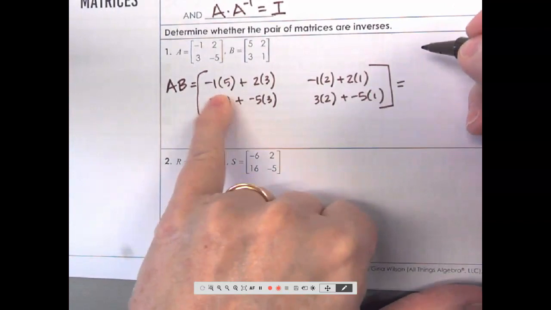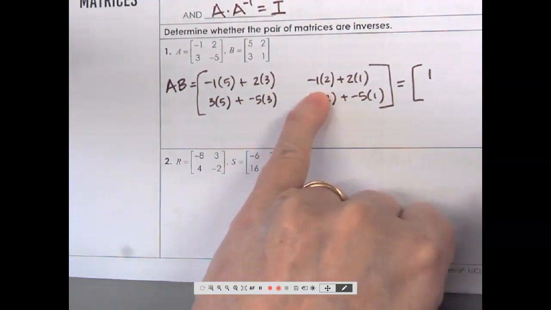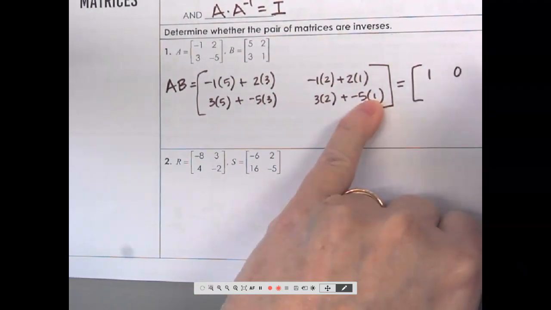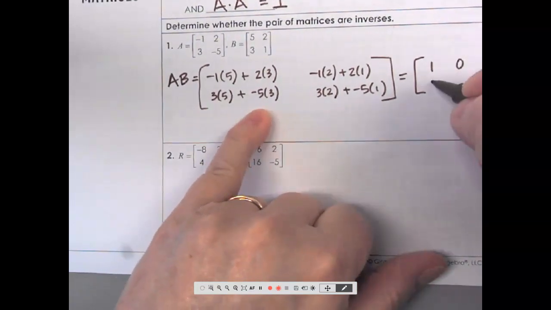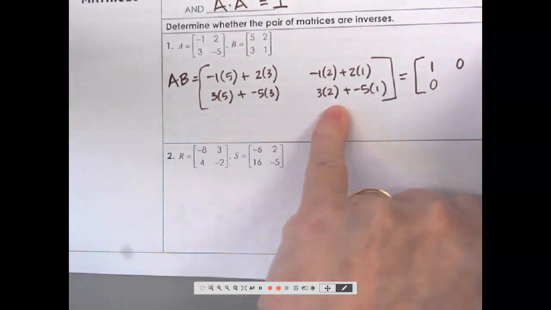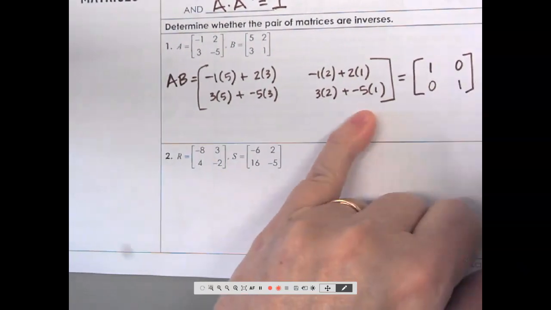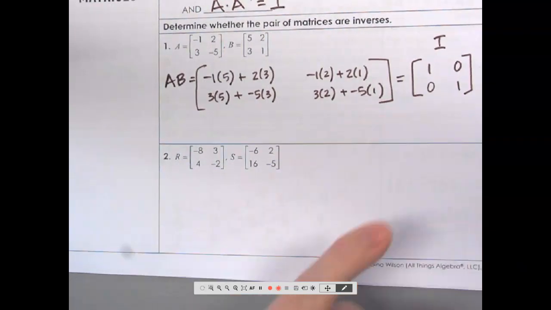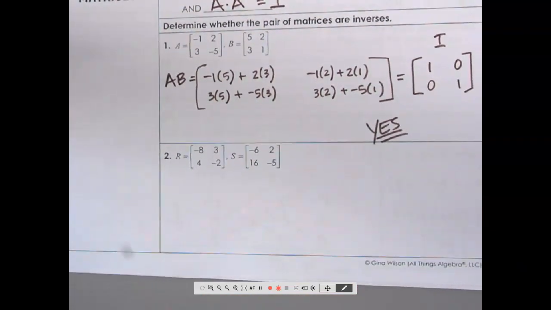Negative 5 plus 6 is 1. Negative 2 plus 2 is 0. So far, so good. 15 minus 15 is 0. 6 minus 5 is 1. So if I get that identity matrix 1, 0, 0, 1, then yes, they are inverses.